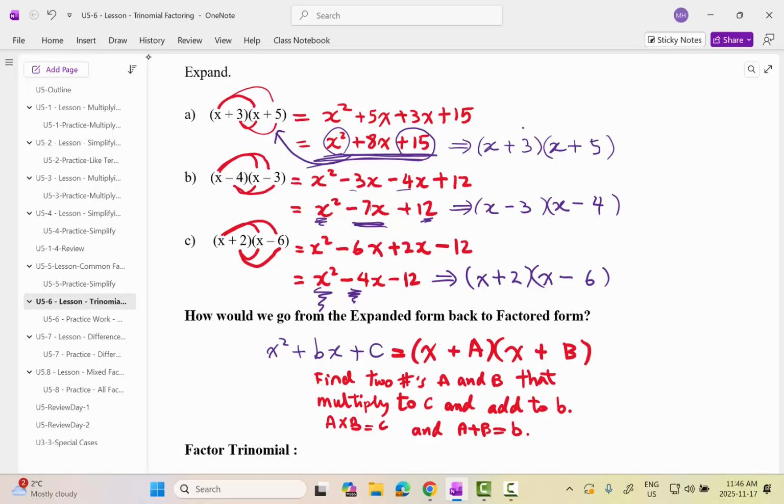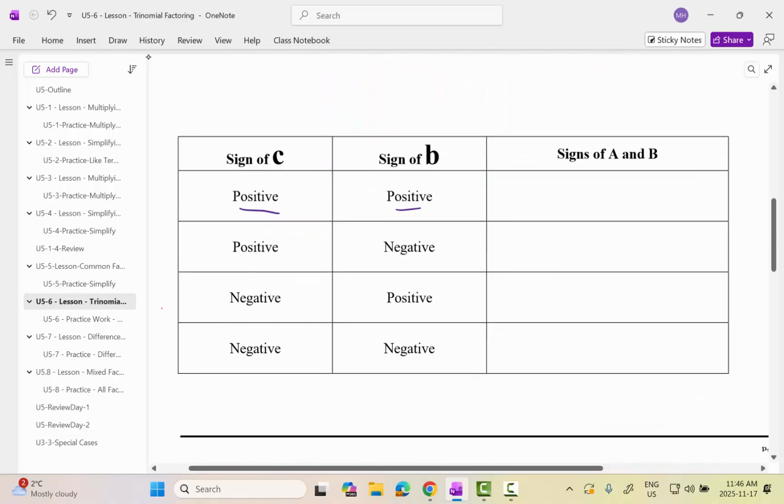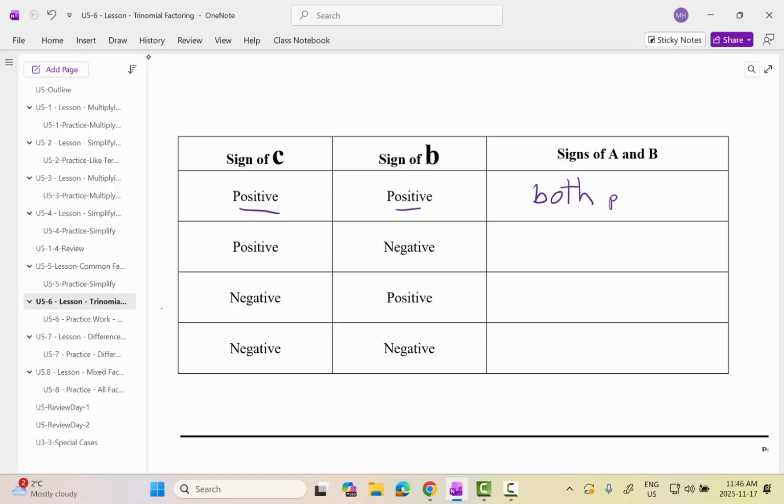Positive 15, and the middle is what? Positive 8. So positive 15 and positive 8, like that. Then A and B had to be what? Both positive. Okay, and that's always going to be the case. So if the last number is positive, and the middle number is positive, that means that both the numbers you're looking for have to be positive, right?